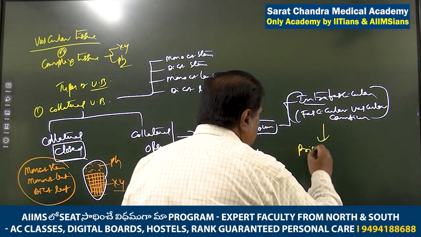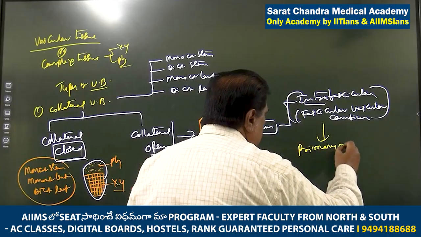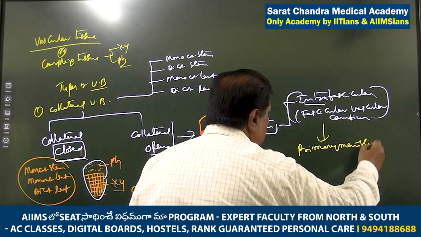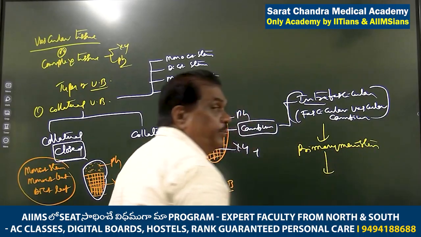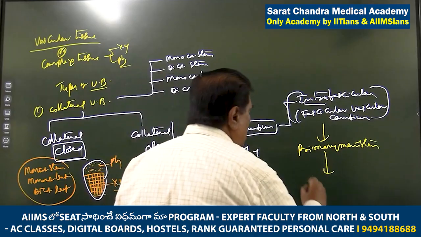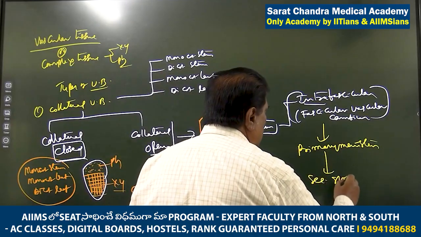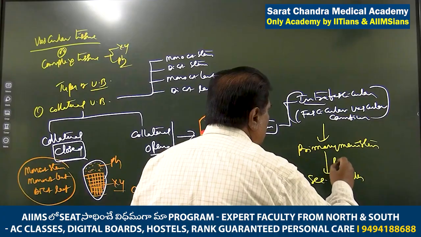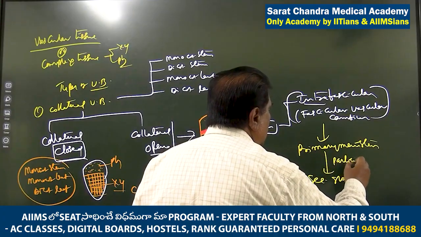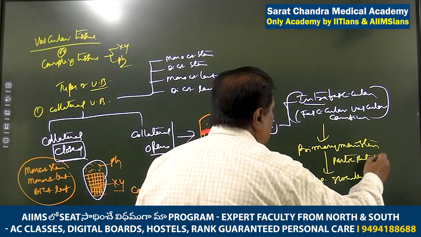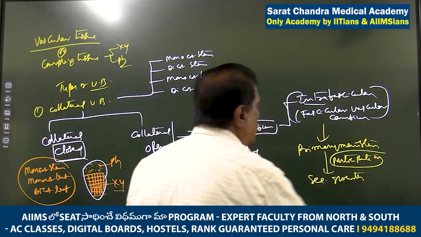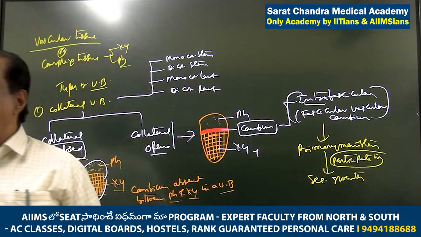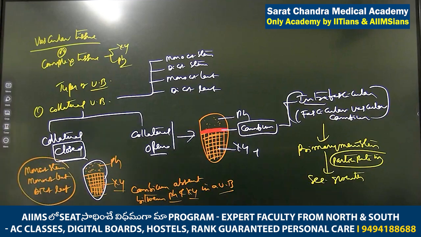Primary meristem. Though it is primary, it participates in secondary growth. Though it is a primary meristem, it is involved in secondary growth. So that is about collateral vascular bundles.